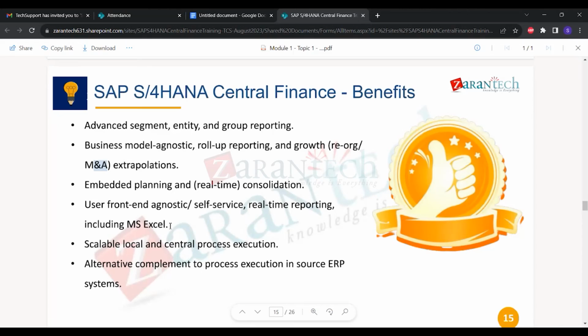Most of you would be aware of Analysis for Office, which is very user friendly, and you get the data in Excel format. Business users especially, who are not much aware of the technology perspective, are habituated with Microsoft Excel because all the data is at their fingertips. You can get the data using AFO, Analysis for Office, directly from ACDOCA, and based on the custom reports in Excel format, users can modify the parameters in real time.